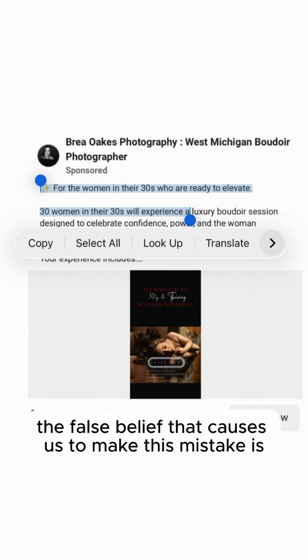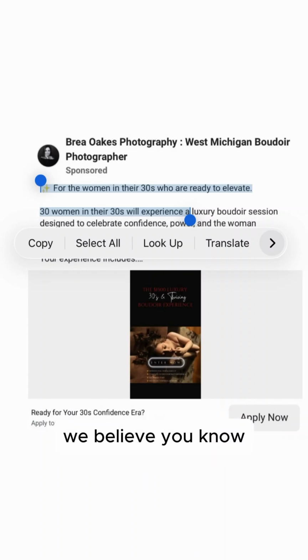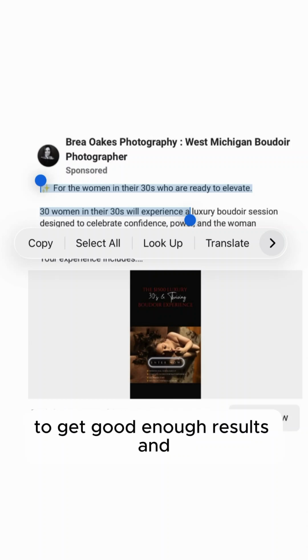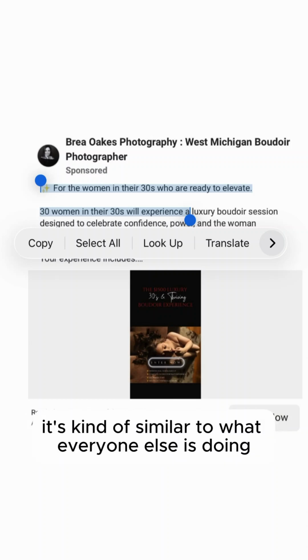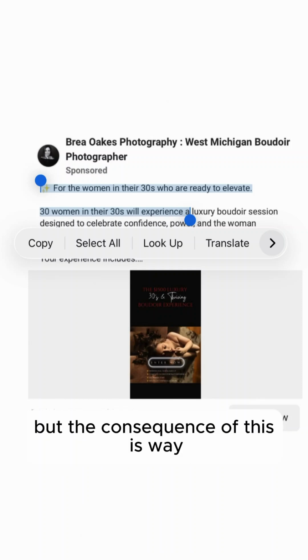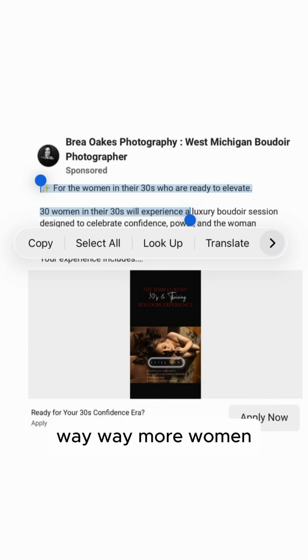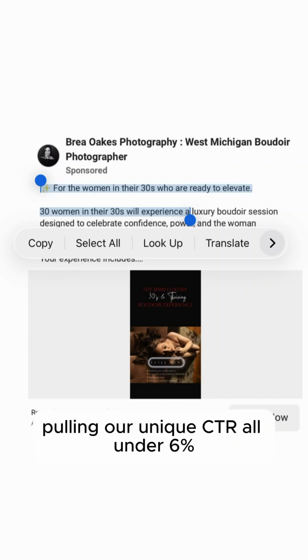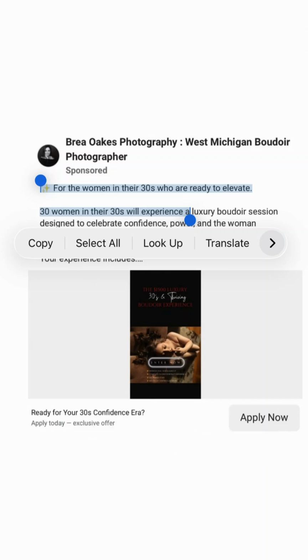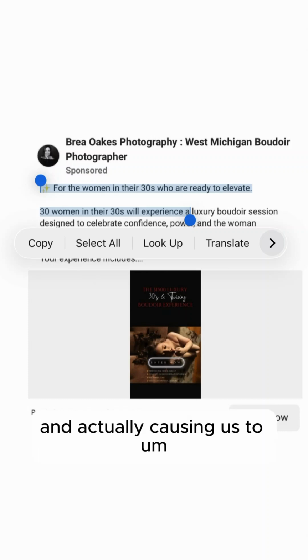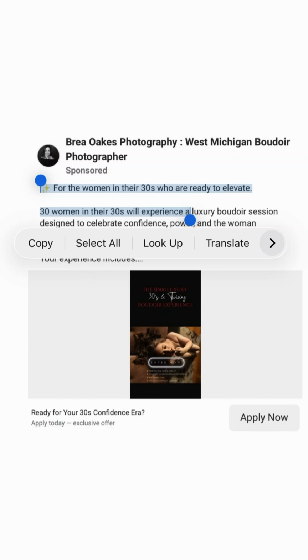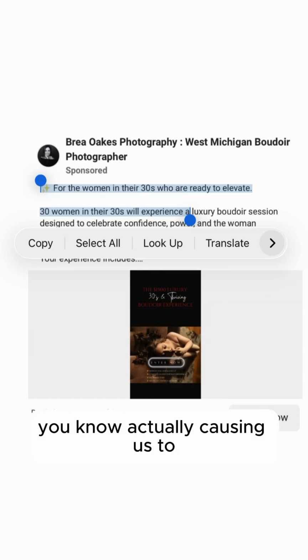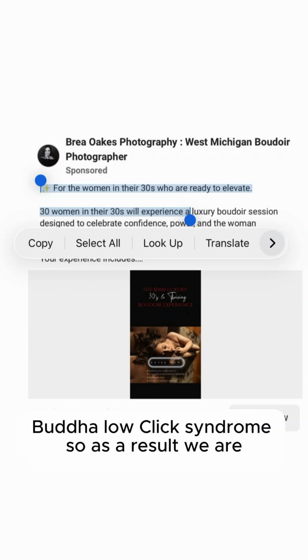The false belief that causes us to make this mistake is we believe we provide a good enough headline to get good enough results, and it's kind of similar to what everyone else is doing. But the consequence of this is way more women scrolling by our Boudoir Facebook ad than necessary, pulling our unique CTR under 6% and causing a higher probability of having BLCS, Boudoir low click syndrome.